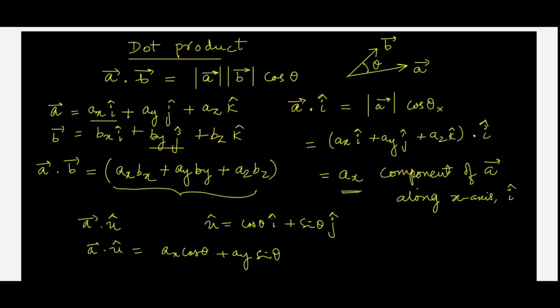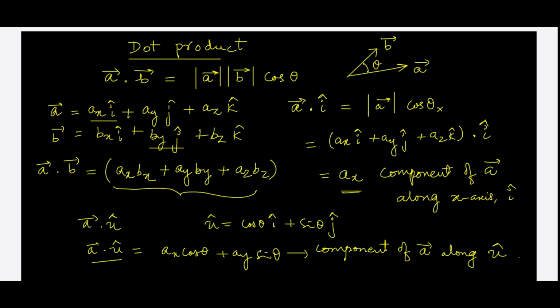This will be the component of A along u cap or along u axis. Okay. So if you want a component of a vector along some axis, you find a unit vector along that axis and you simply do a dot product of the vector with that unit vector. Okay.